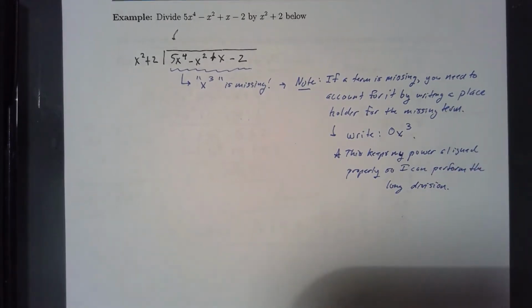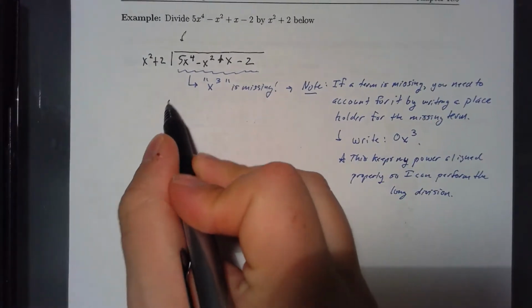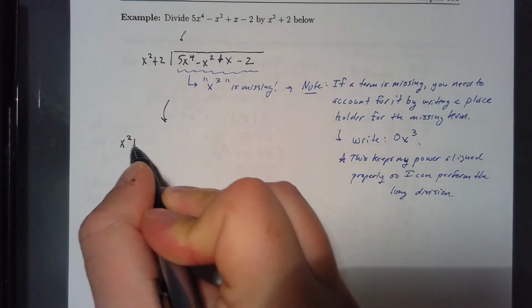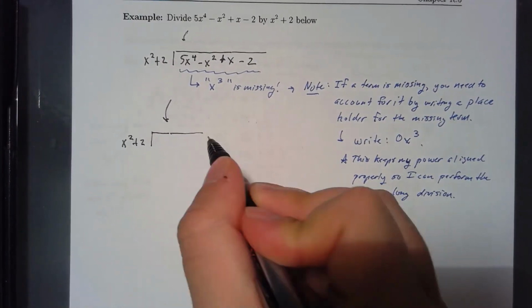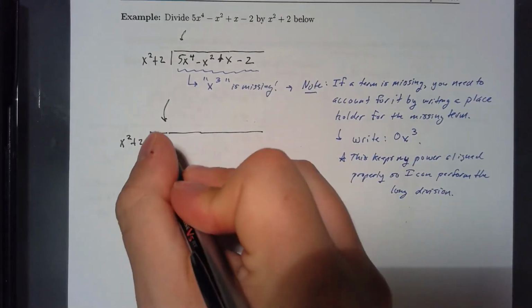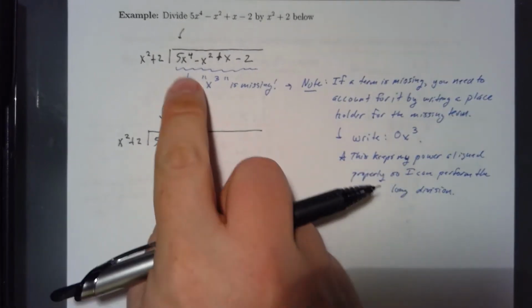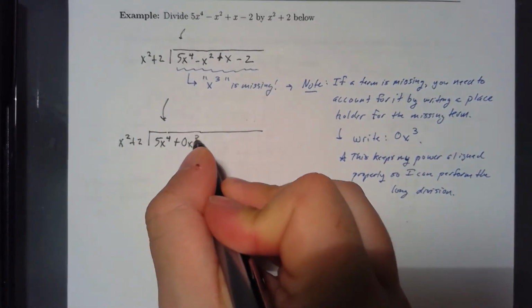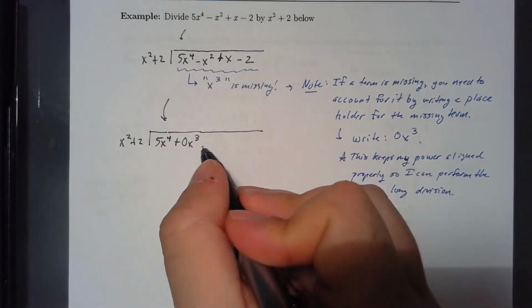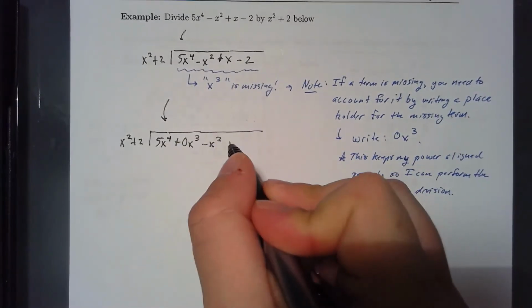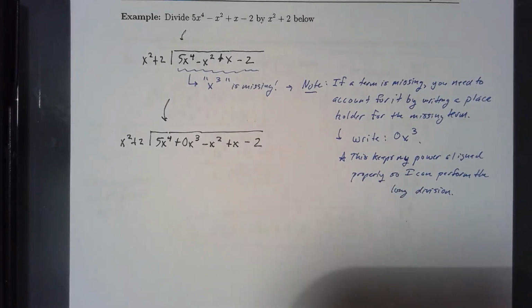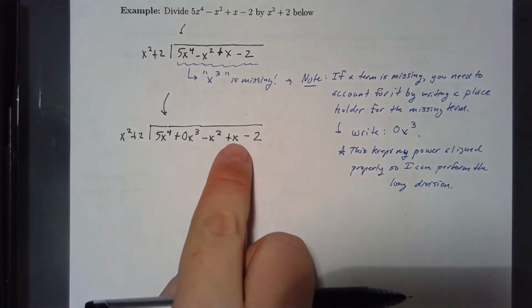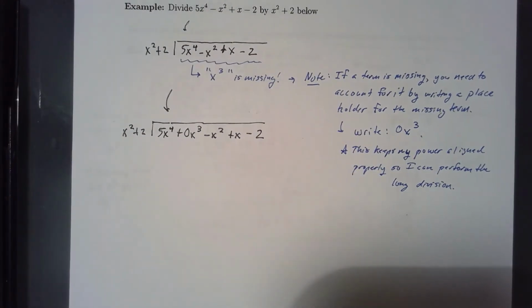So I'm going to rewrite this as x squared plus 2, and my dividend is now going to be 5x to the 4th, and I'm going to write my placeholder plus 0x cubed, and then the rest, minus x squared plus x minus 2. This way I have all my powers accounted for in the polynomial that I'm dividing, and that way when I do the long division, it's not as bad.